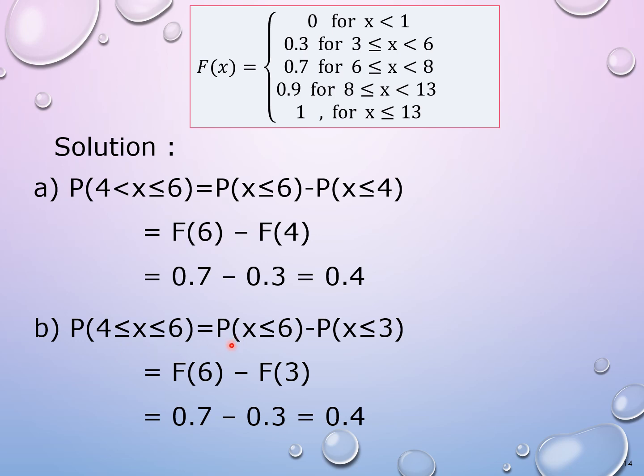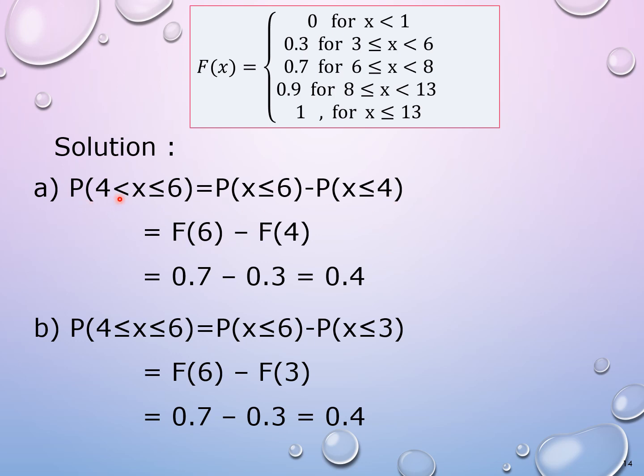So we have probability x less than or equal to 6 minus probability x less than or equal to 3. Instead of writing x less than or equal to 4, it should be x less than or equal to 3. So that is the difference between question A and question B.